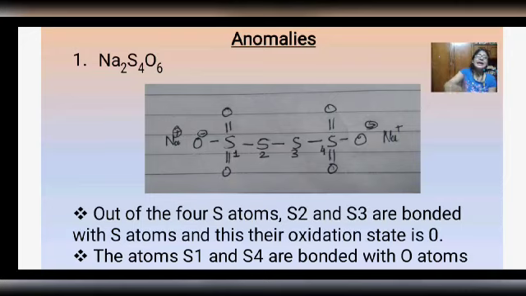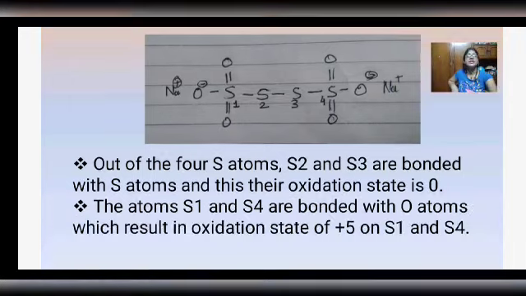Now Na on both sides will have +1. Out of the 4 sulfur atoms, S2 and S3 are bonded to 2 other sulfur atoms and their oxidation states are 0. S1 and S4 are bonded with oxygen atoms. Why not +5?